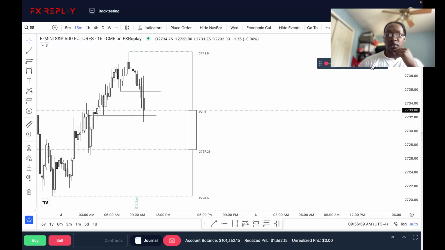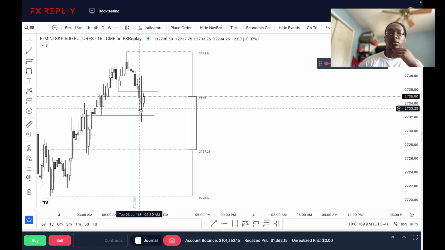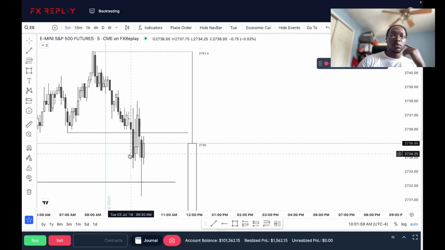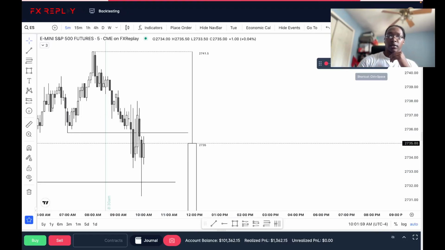Tap into this order block here, this little gap down here. Tap into this order block. We close back above the 9:30 low. So running this low here, we get a full fill on this volume imbalance. We shift structure here. We could look higher potentially.